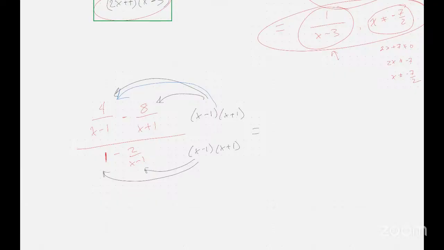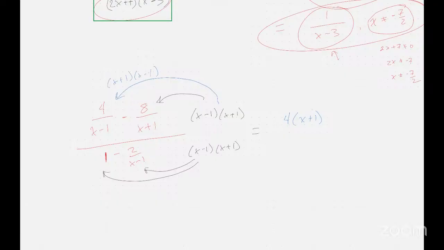And then what would you be left with? 4 times x plus 1. Do you see what I'm doing? Let me do it again. When I take this and multiply it here, the x minus 1's cancel out, and I just have 4 times x plus 1.